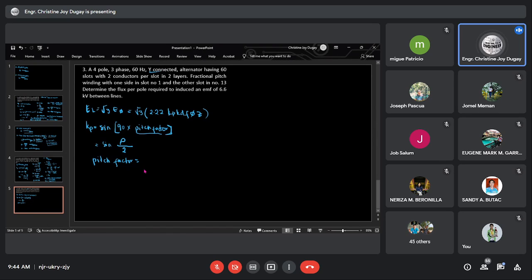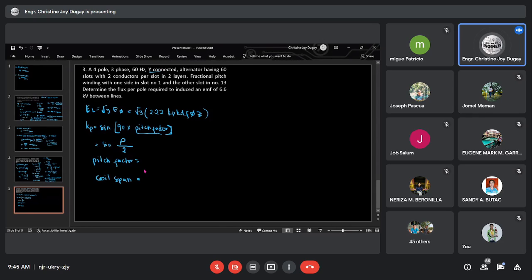Ang pitch factor natin can be solved from 180 to the ratio. Yung ratio ng pitch factor, ma'am. Yung short corded over the full pitch coil span, ma'am. Or that is coil span natin.